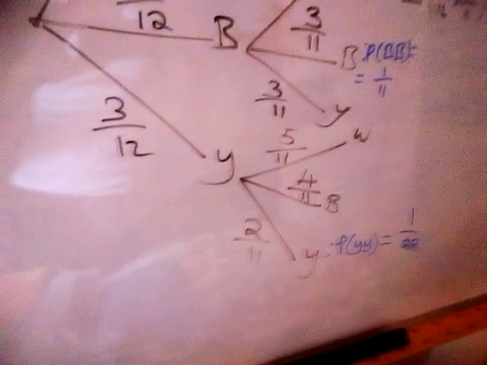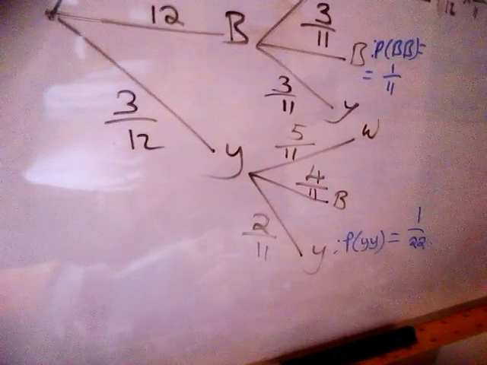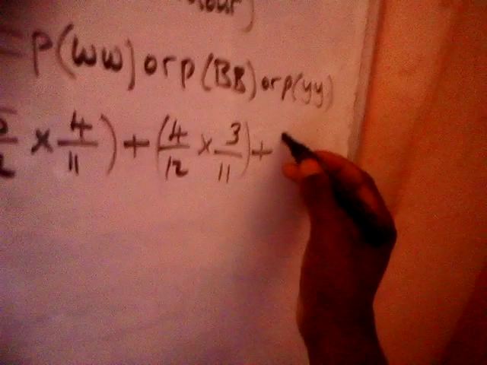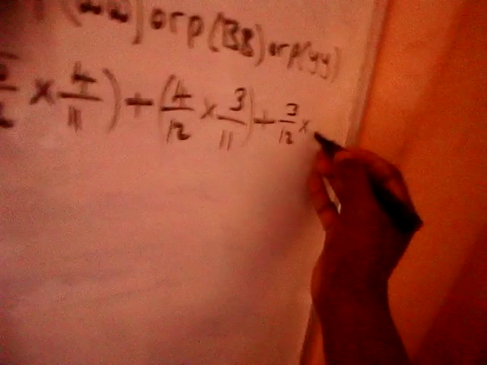We have 3 twelfths and 2 elevenths, so we're going to have 3 twelfths times 2 elevenths.